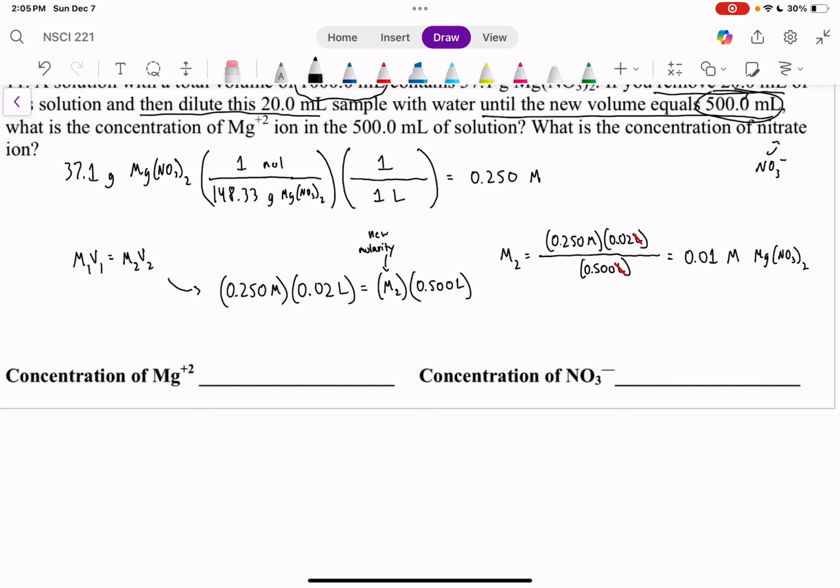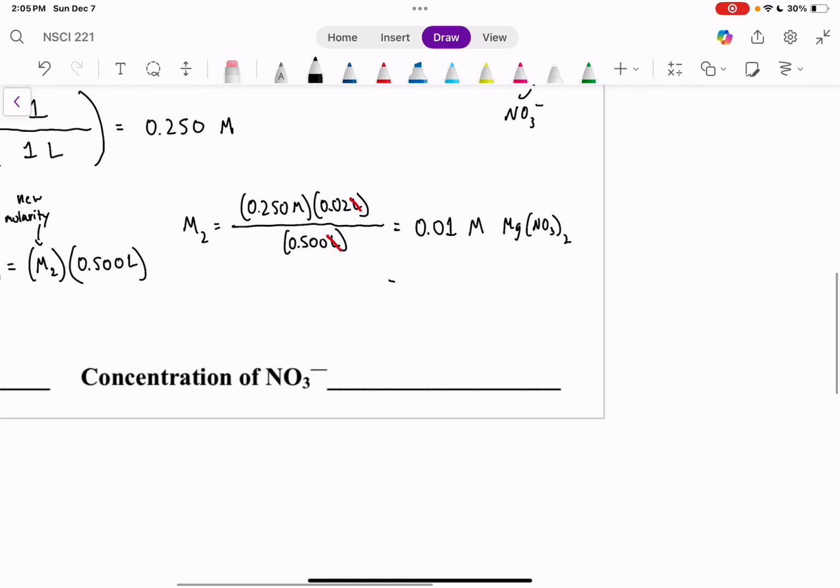So if I have 0.01 molar of magnesium nitrate, that equals 0.01 moles of that compound, Mg(NO3)2, per liter, right?